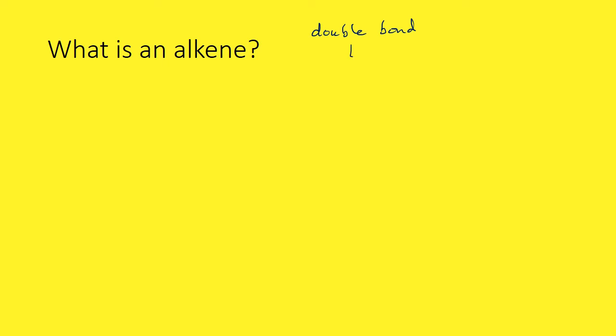So the fact that you've got two pairs of electrons means that you've got high negative charge density, which in turn makes them reactive. And that's a good thing when you're trying to make new chemicals, because you make them with reactions. So if they're going to react quite easily, that's generally a good thing. So they're reactive.